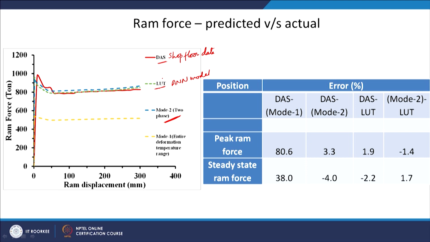That gave us the confidence that the constitutive equation we are developing is more accurate than if we consider the whole temperature range, where different phases will be dominating at different temperatures. So, that is not the right way to develop the constitutive equations.